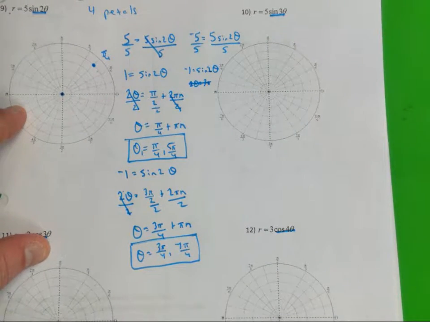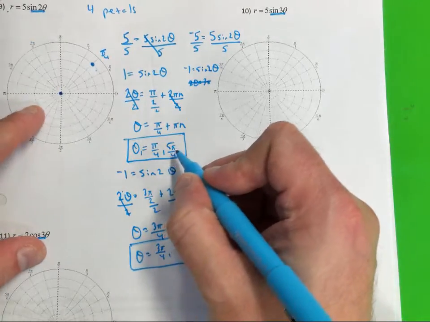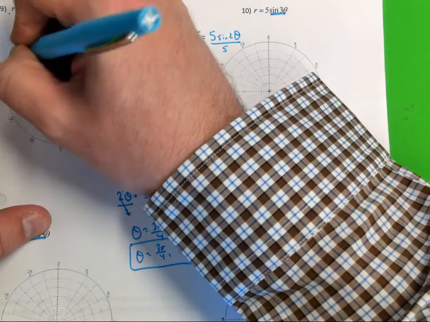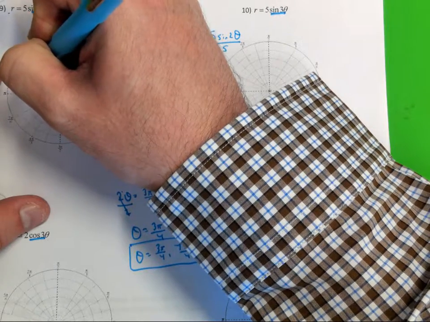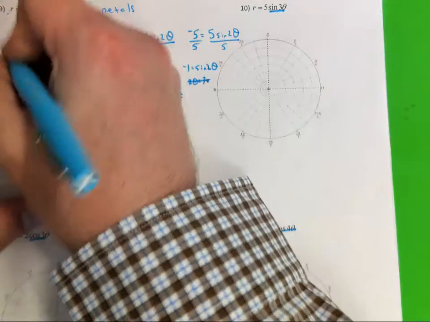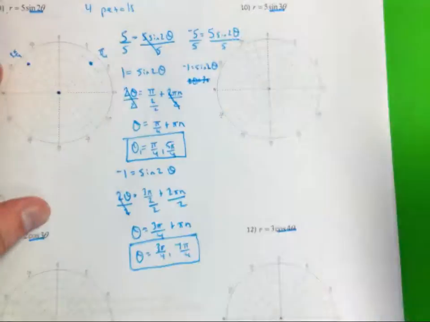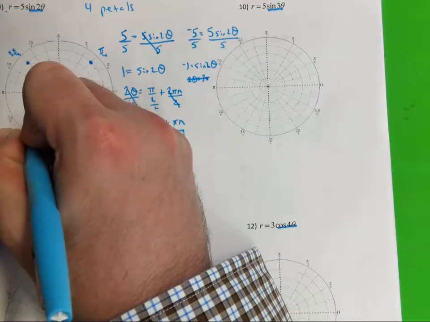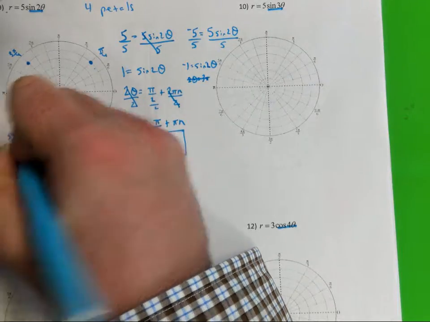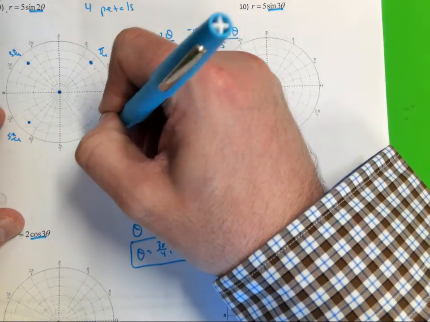That's going to be a petal. Okay, 3 pi over 4 is over here. 5 pi over 4 is over here. And 7 pi over 4 is right here.